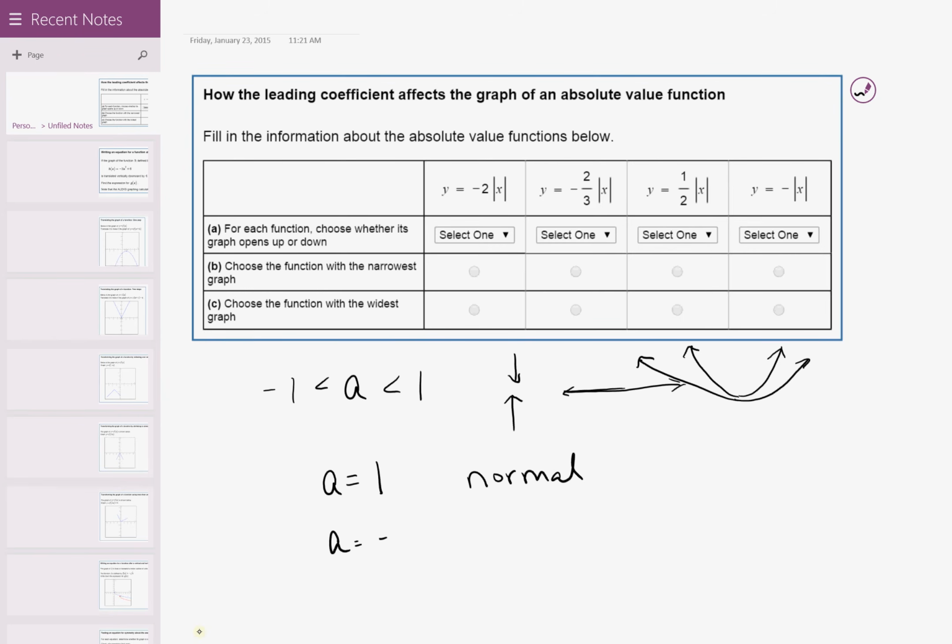If A is equal to -1, the graph is reflected vertically. Remember, values outside the grouping affect the graph vertically. And if A is greater than 1 or A is less than -1, then the graph is stretched.